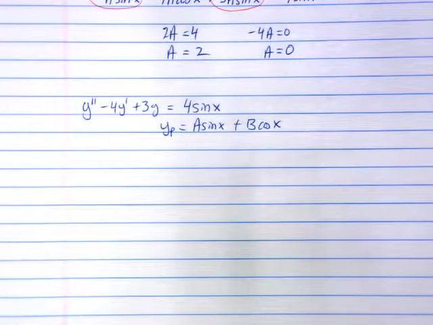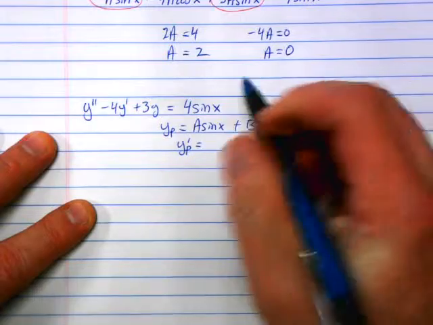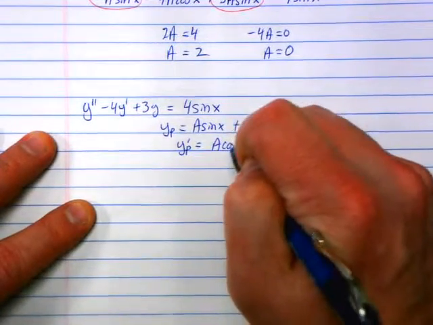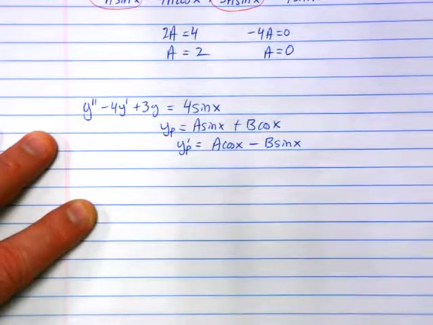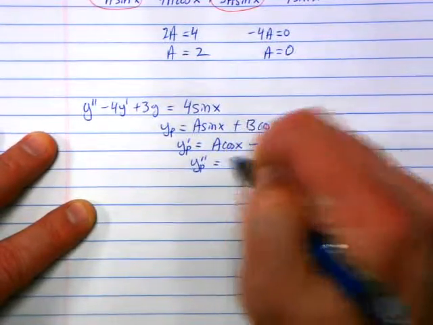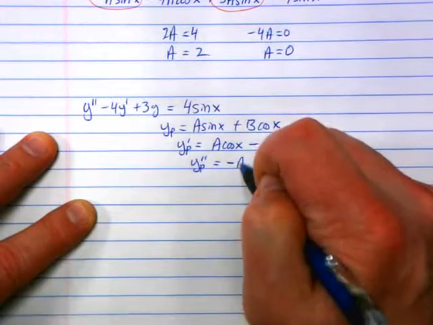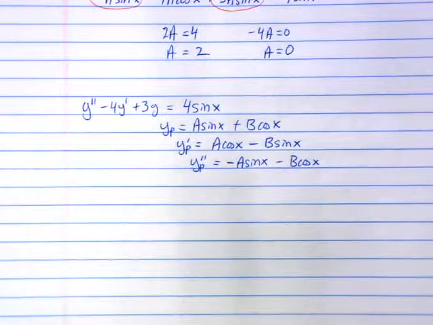All right, so we have to go through the whole same process again: find the first derivative, find the second derivative, plug it all in, see what happens. y sub p prime is a cosine x minus b sine x. Second derivative, y p double prime is minus a sine x minus b cosine x.